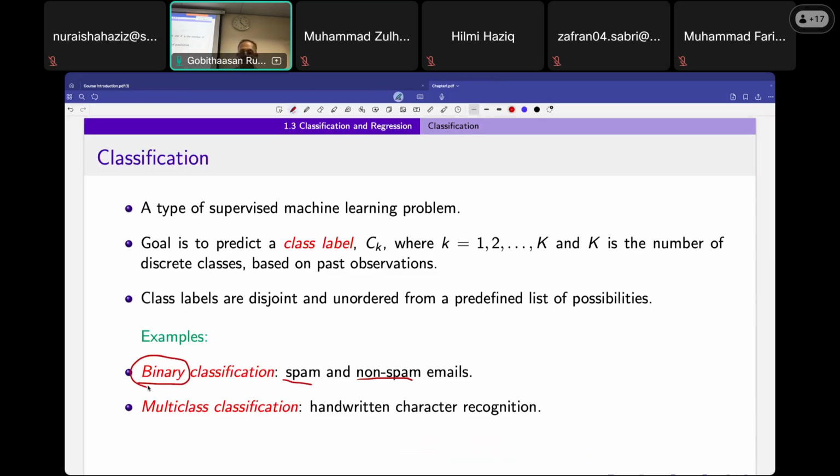Whereas most of the time we end up having many classes, multi-class. For example, handwritten characters 0, 1 till 9. So we have about 10 classes, right? We want to identify what number it is based on what you write. So this is again classification, but this time with about 10 classes, so we call it multi-class classification.